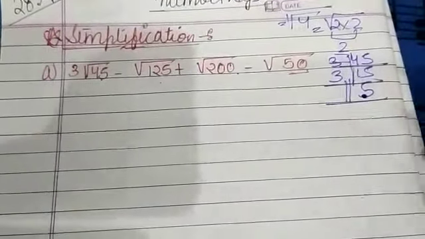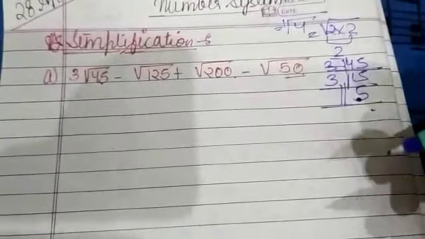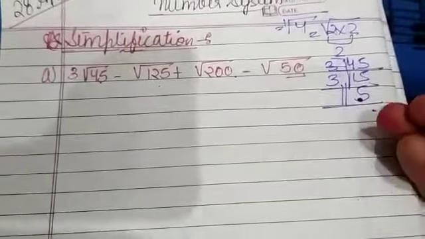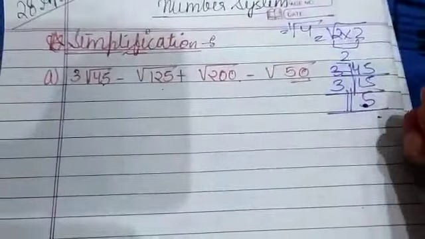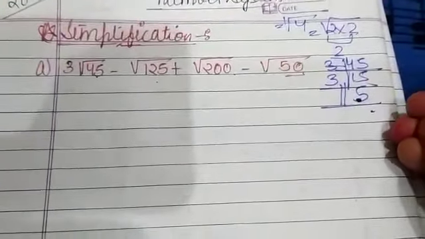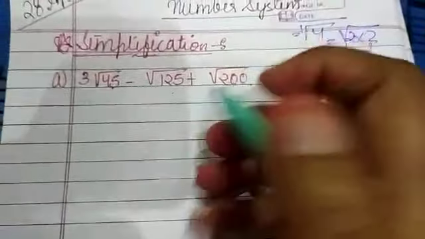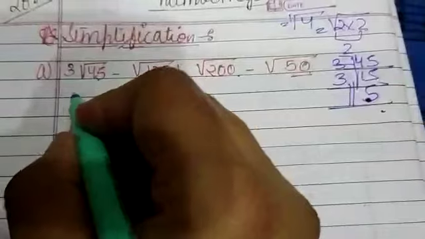So I suggest you, instead of finding it like this, now you all are grown up, so you should recall the tables and then write all these prime factors by yourself without finding them. You should try to write them verbally. So let's start. This is given 3 under root 45.